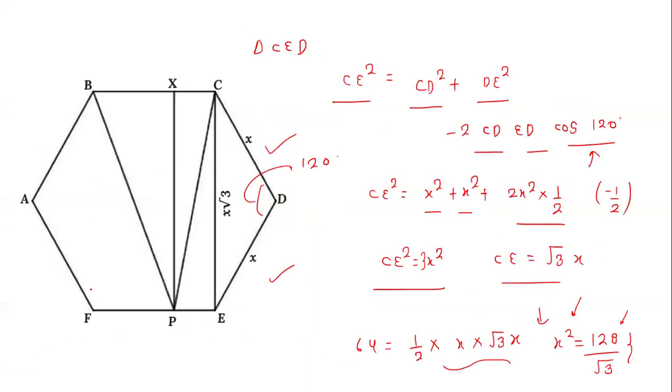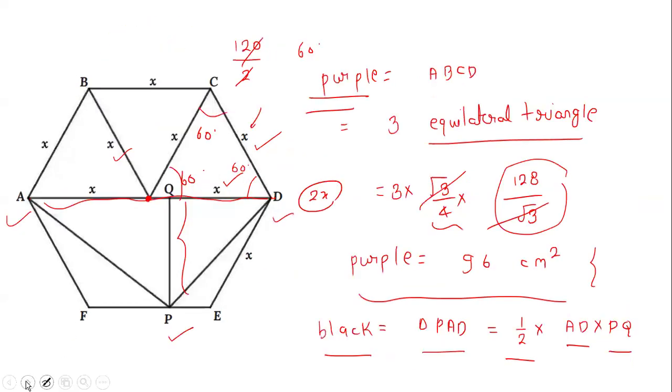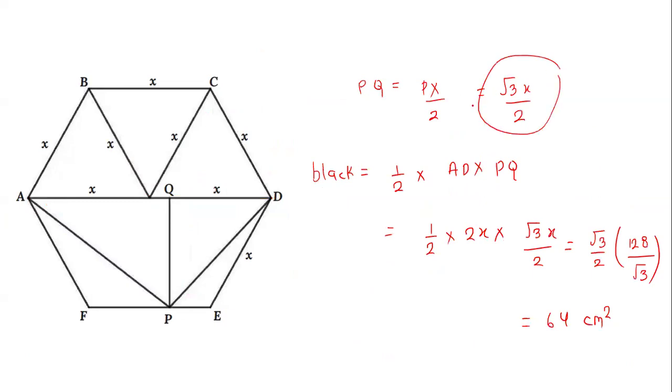What is the value of PQ? If I just draw like this, this is the point Q, and this is simply half of this whole length. This whole length we found to be root 3x, and half of that is root 3x by 2. So this PQ length is root 3x by 2.